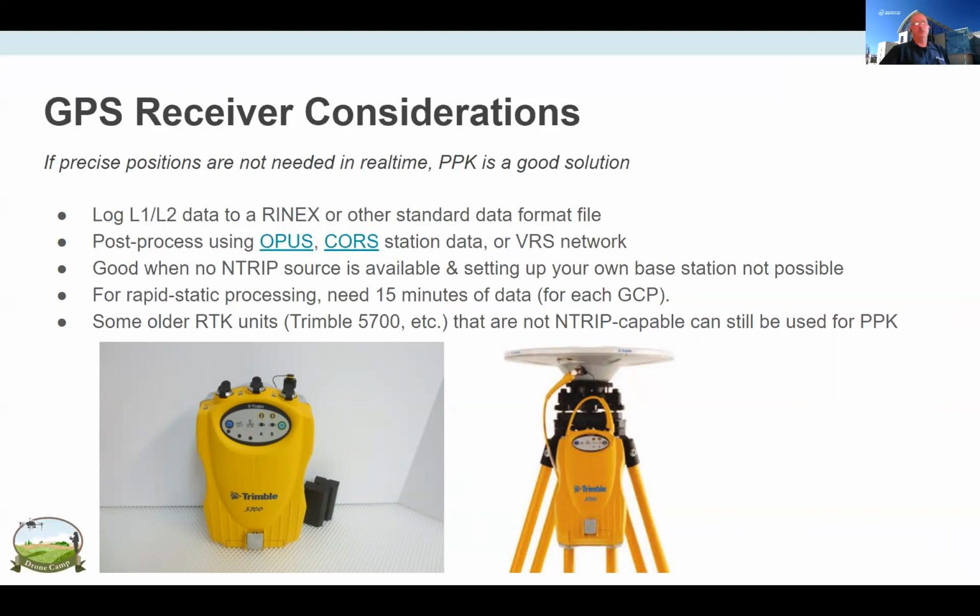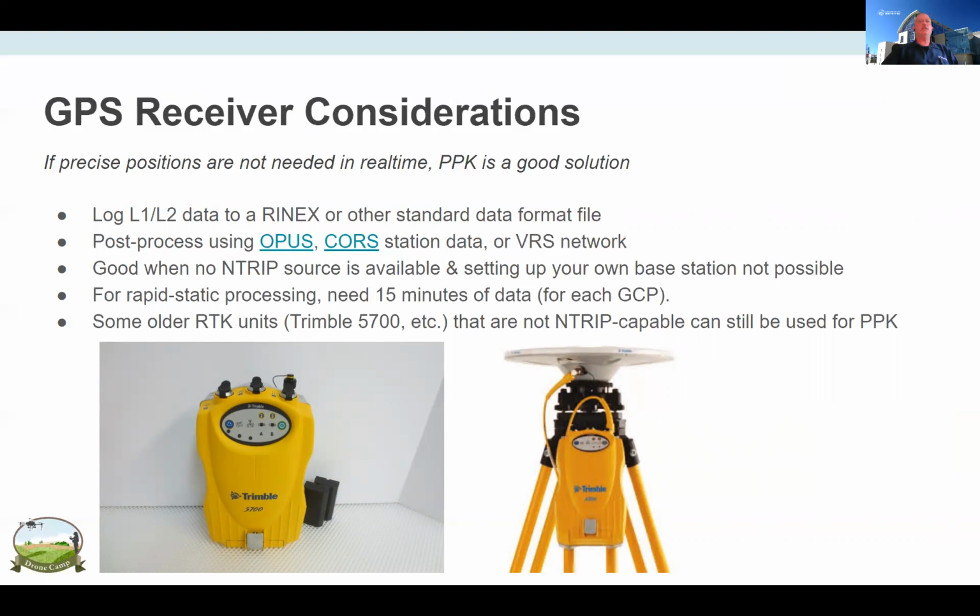They're not Bluetooth or wireless. This is from before those technologies, but they still can log data that is RTK or PPK processable. So an older unit like a Trimble 5700, I think I've seen these on eBay for like 150 bucks these days. It can be an option.